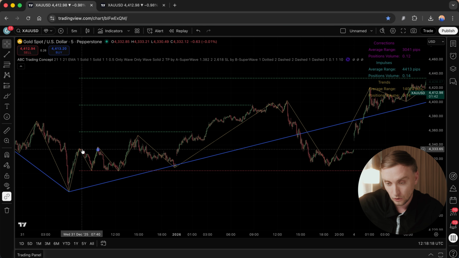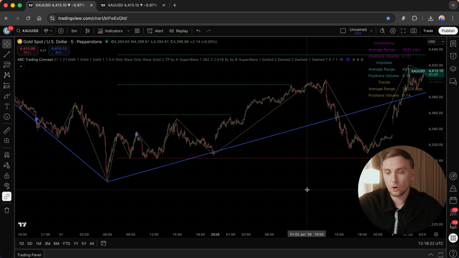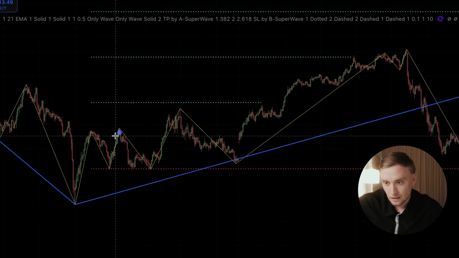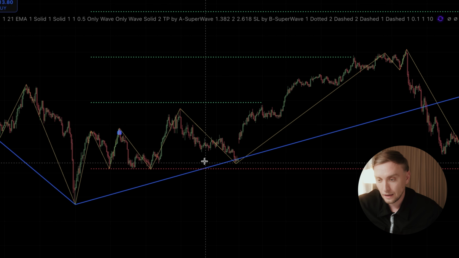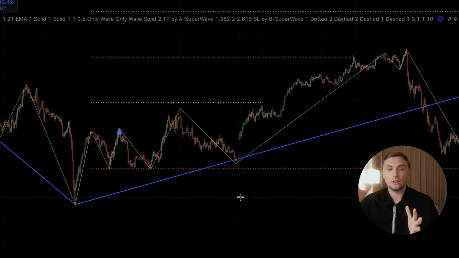And if you look at the chart, these yellow lines show us where the impulse was. You see how beautifully it organizes the chart for us. When the indicator draws this yellow line, it means there was some directional movement of the price.